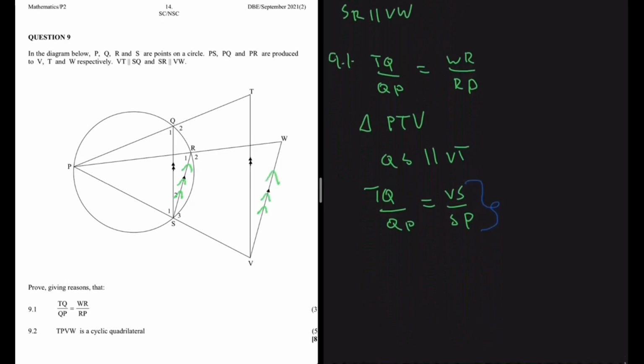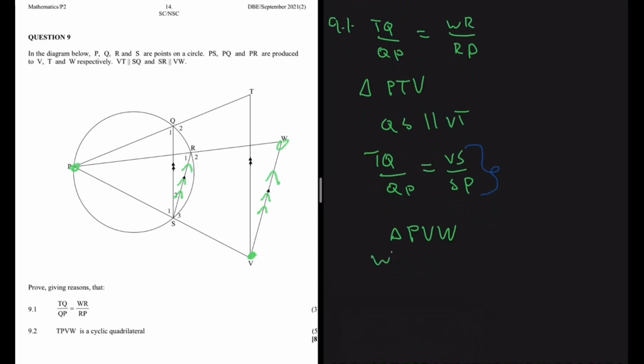So if those two lines are parallel, then in triangle PVW, the two sides will be divided proportionally. WR divided by RP will be equal to VS divided by SP.